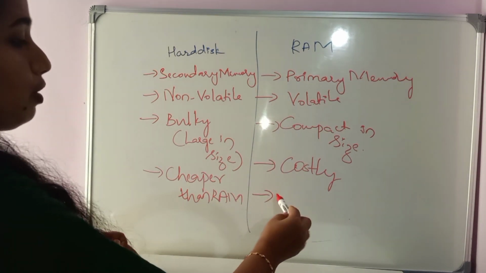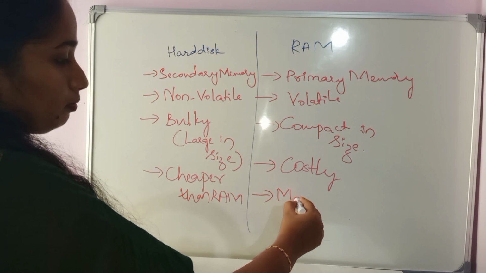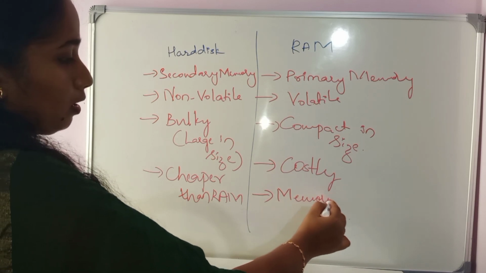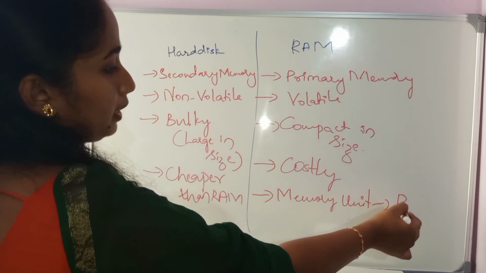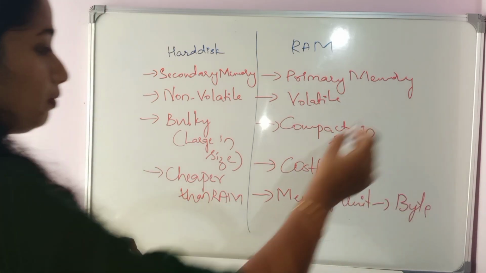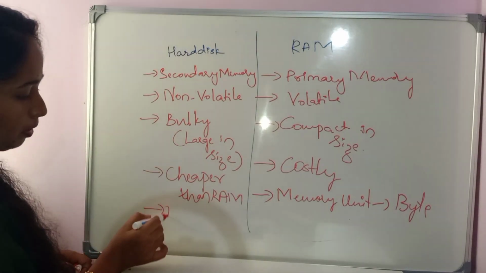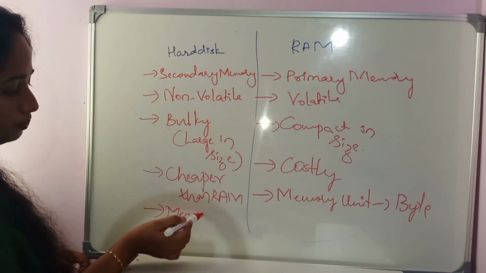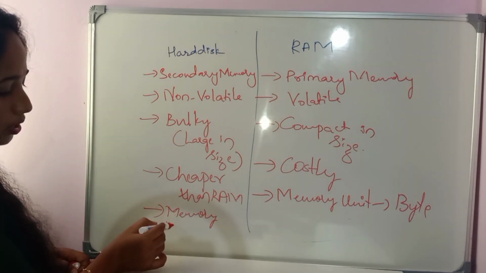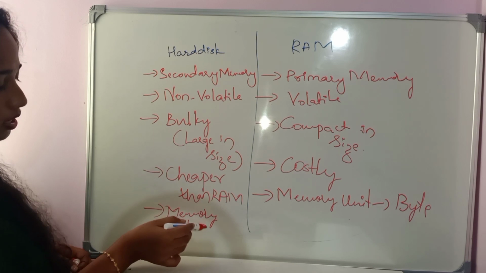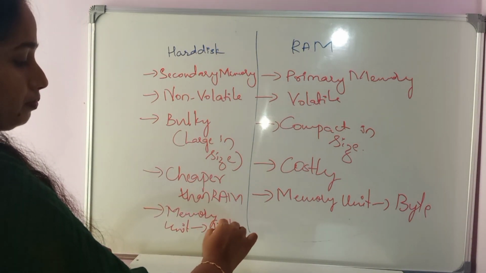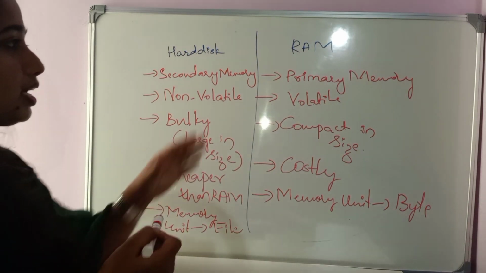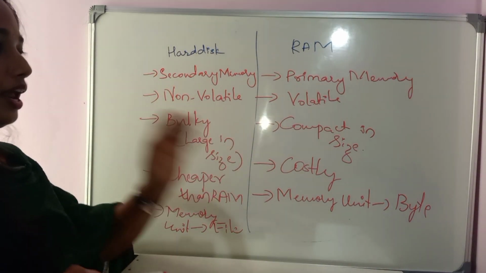The memory unit of RAM is byte, and the memory unit of the hard disk is file. So these are the differences between hard disk and RAM.